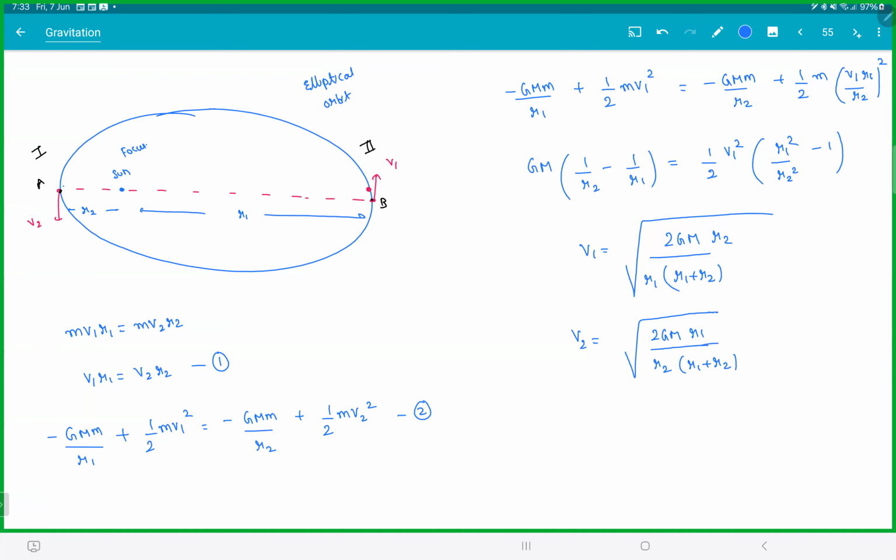You want to find total energy, you can choose any one place. Total energy is half m v1 square minus GMm by r1. If you simplify this, you get a pretty good answer: minus GMm by (r1 plus r2), which is minus GMm by 2a. 2a is the major axis.